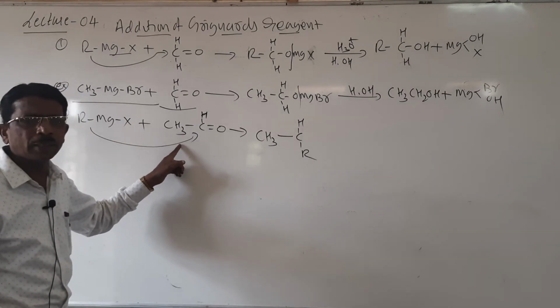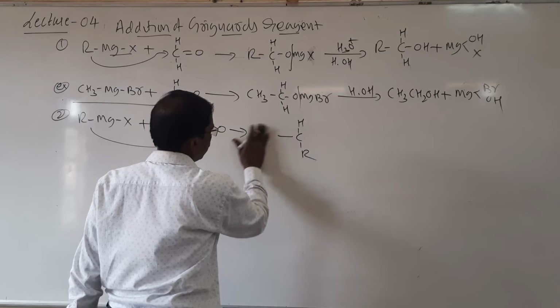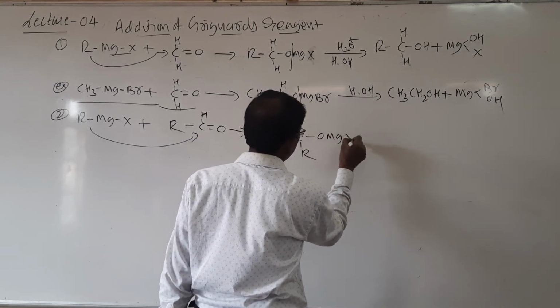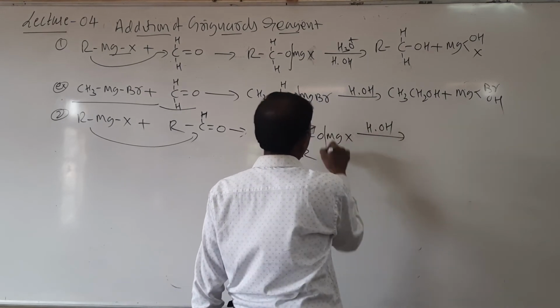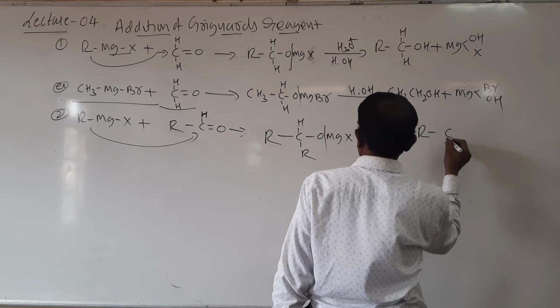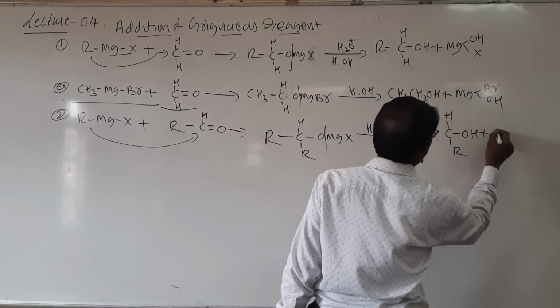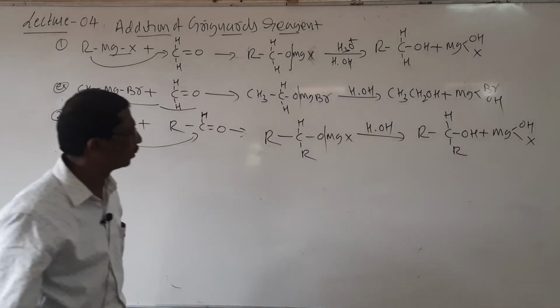Otherwise you may take another alkyl group R here, then you may write R here R, and then OMgX, and then on hydrolysis it gives R CH R, OH plus Mg(OH)X. Look here students.